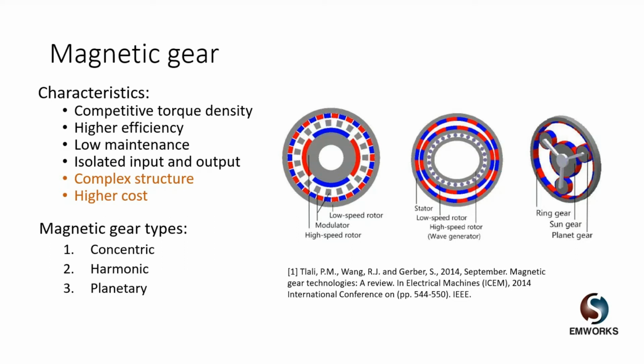But from the external point of view, the result of their work is more or less the same. They're used to transmit torque from the input to the output, and the only difference is that in a traditional mechanical gear, you would use mechanical interaction between gears to transmit torque from one end to the other. However, in magnetic gears, the gears are actually formed out of permanent magnets which interact and force one another into motion.